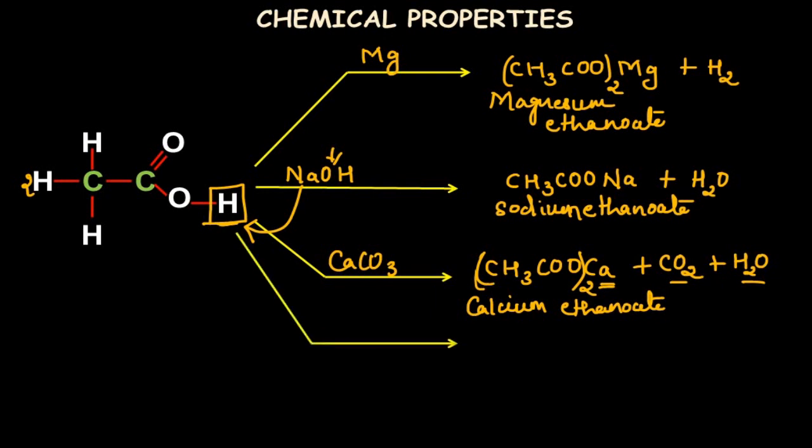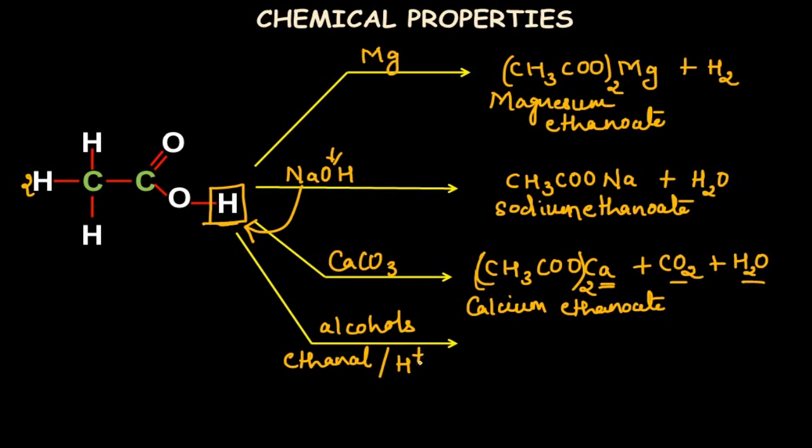The next reaction is very important, which we will learn in detail in our next video also, but let's summarize here. Carboxylic acids also react with alcohols. Suppose the alcohol here is ethanol. Ethanol reacts in the presence of a dilute acid, so I can write H plus also.